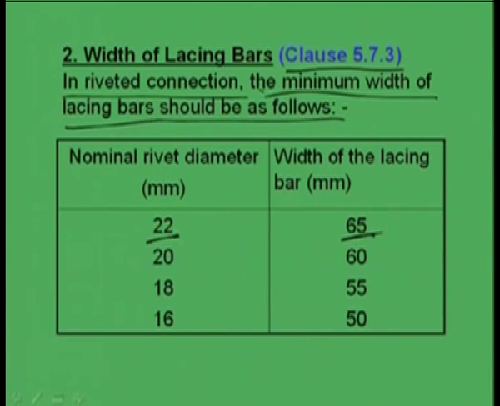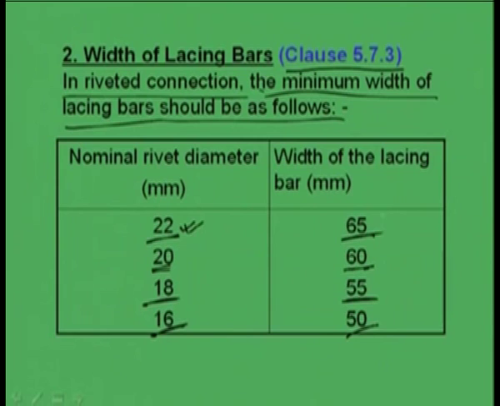If it is 20, then it is 60 mm. If the rivet diameter is 18, the width of the lacing bar will be 55. If the rivet diameter is 16, then the minimum width of the lacing will be 50.